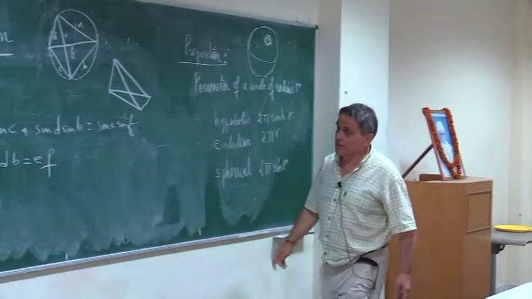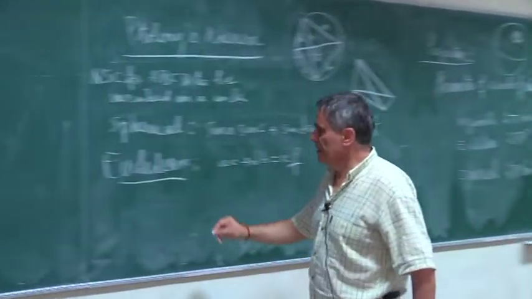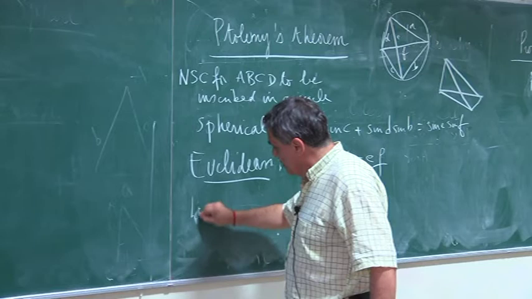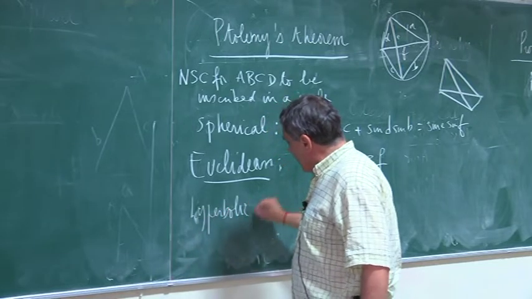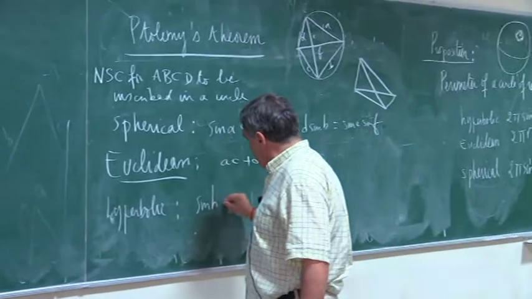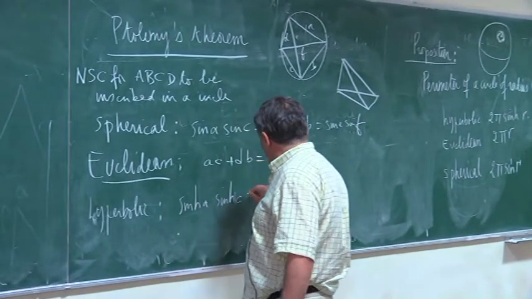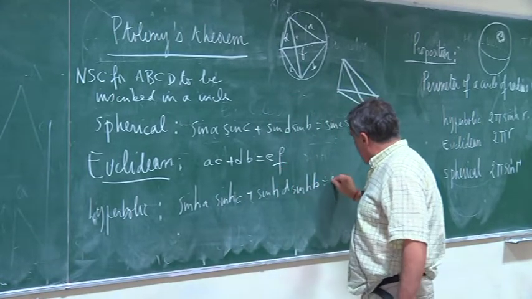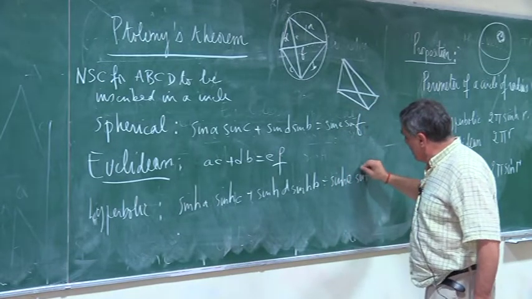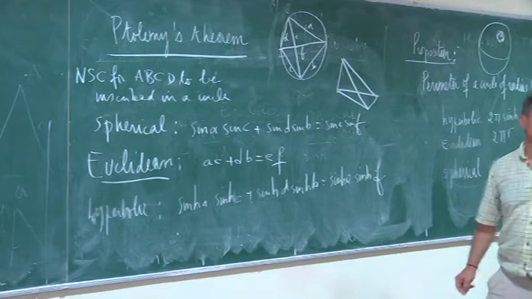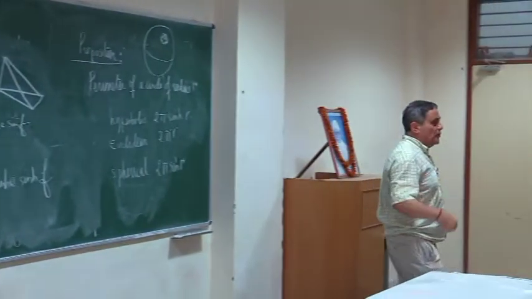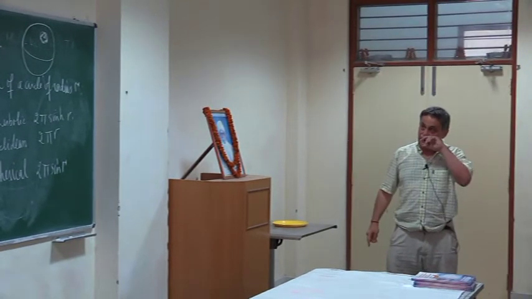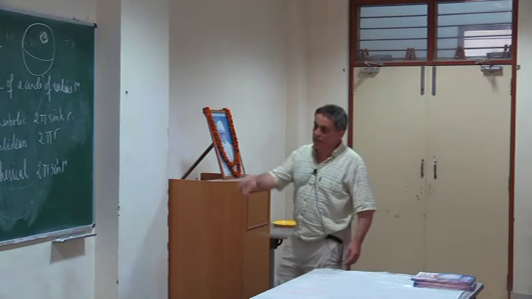It's inscribed in a circle if and only if this holds. This is spherical, that was Euclidean. Here is hyperbolic, and here you have sinh A, sinh C plus sinh D, sinh B is equal to sinh E, sinh F. This needs a proof, of course, but it's a theorem of hyperbolic geometry and of spherical geometry that a quadrilateral is inscribed in a circle if and only if we have this.